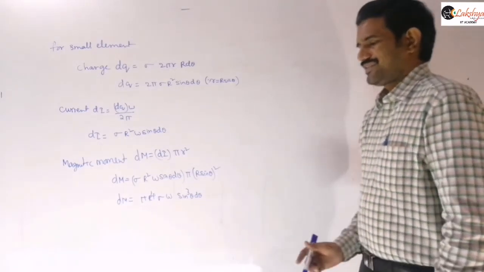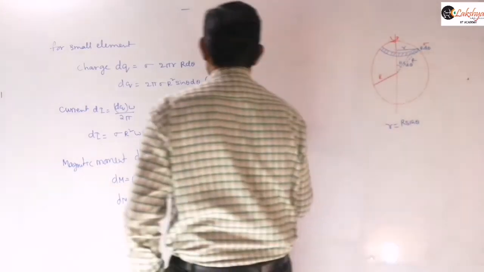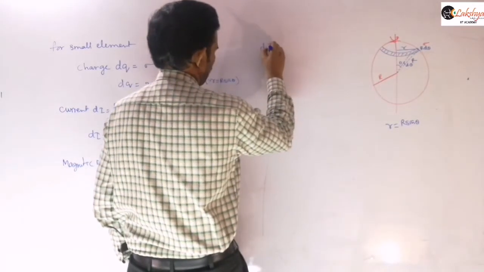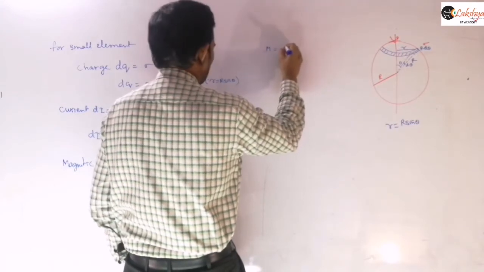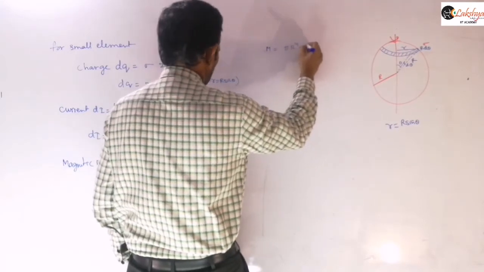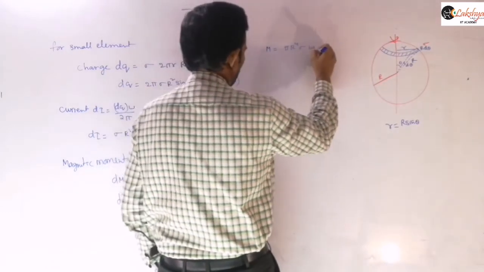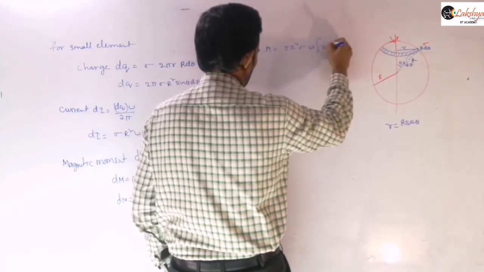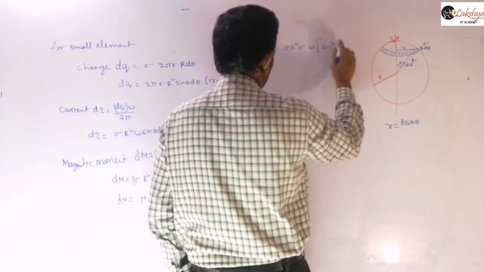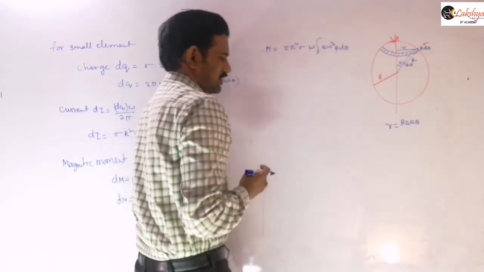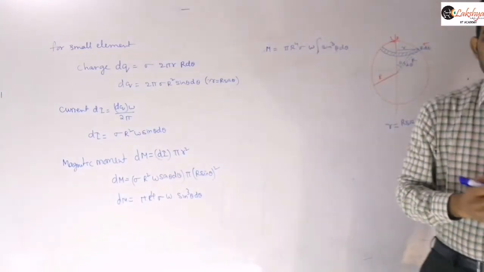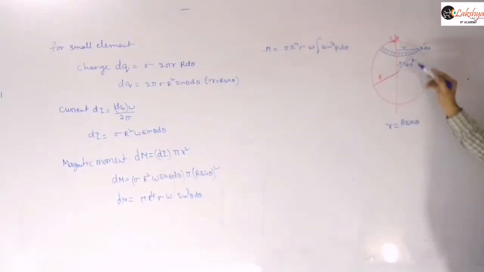Now you can integrate this equation and simplify it further. So m is equal to pi r power 4 into sigma into omega into the integral of sin cube theta d theta. I think all of you can solve this. The limits of theta you can take from 0 to pi.